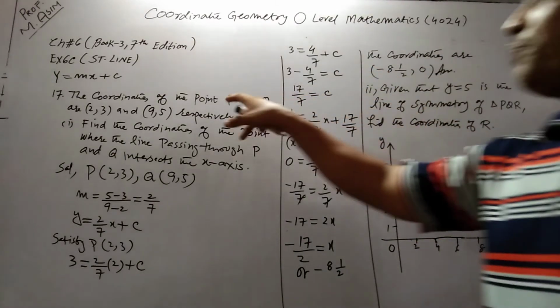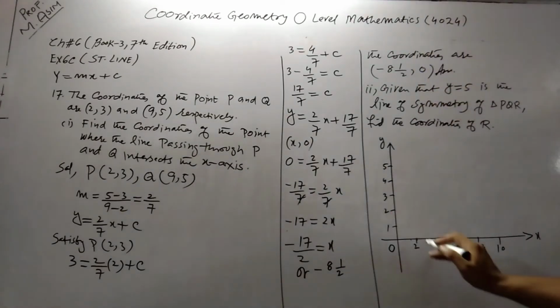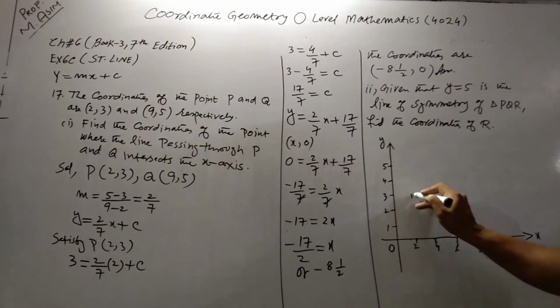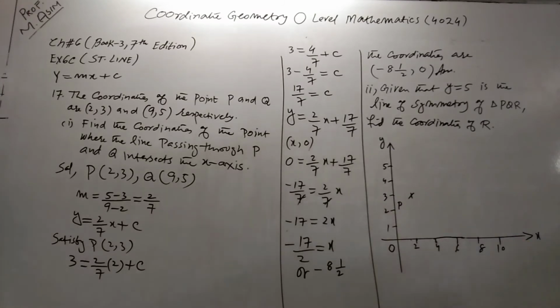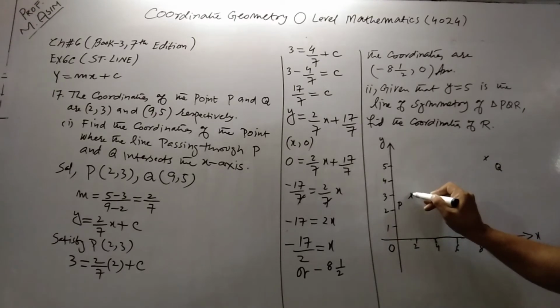What are the coordinates of P? They are 2, 3. This is 2. This is 3. So these are the coordinates of P. What are the coordinates of Q? They are 9, 5. So if this one is 8, this one is 10, this should be 9. So 9, this is Q. Now join P and Q first.